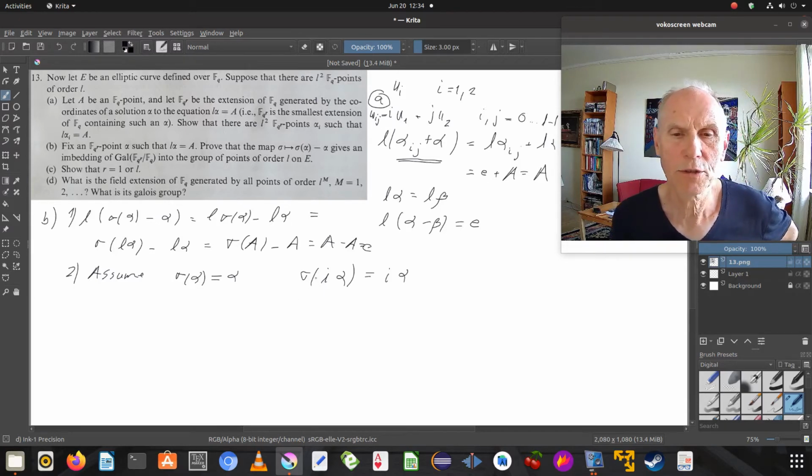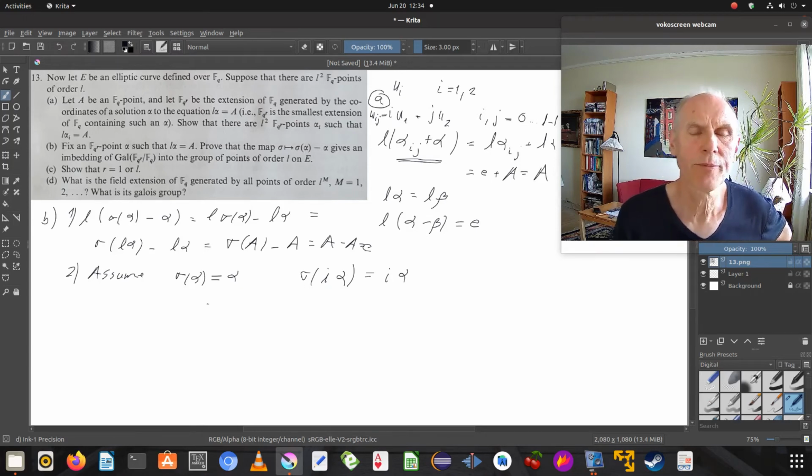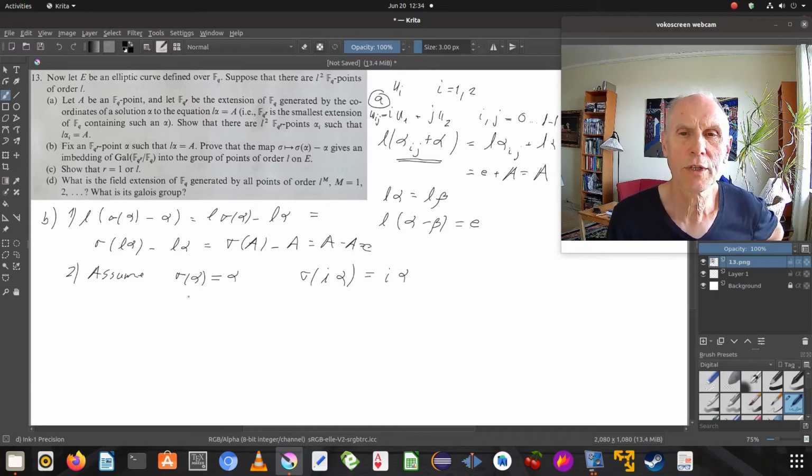So all the powers of alpha, it's constant on all of them, but we need to show that it also holds for the others.